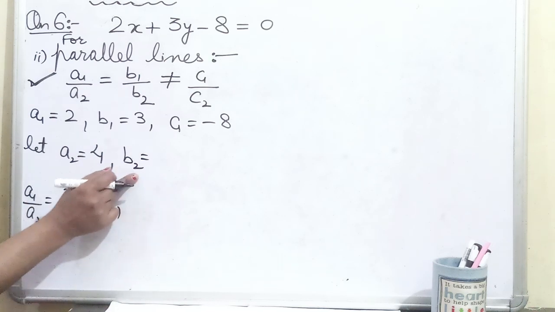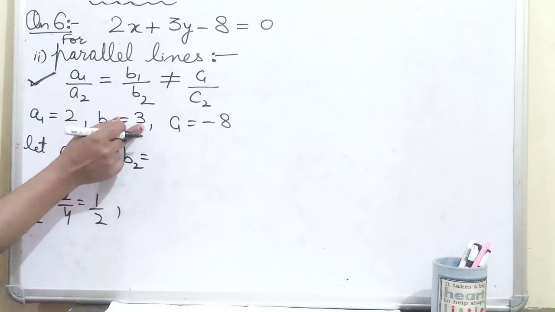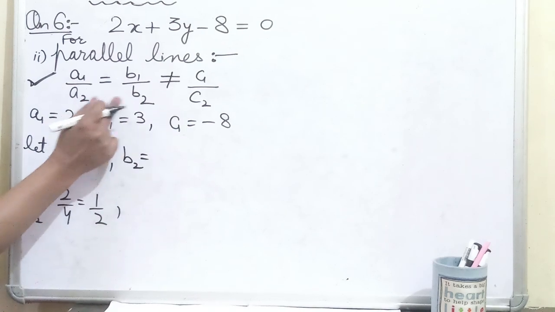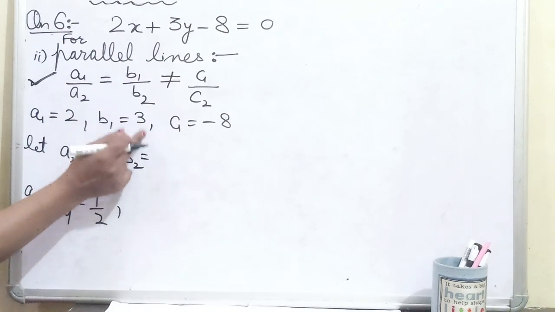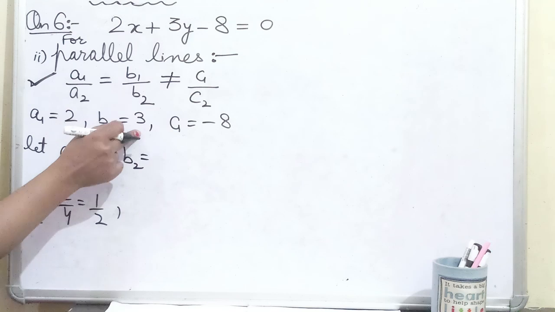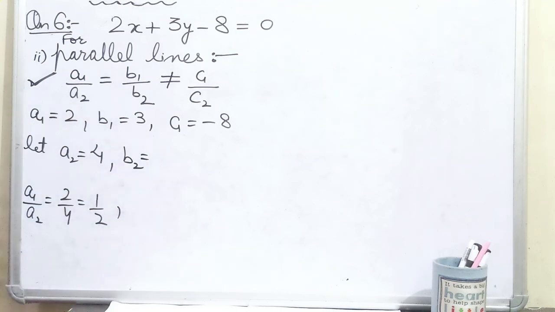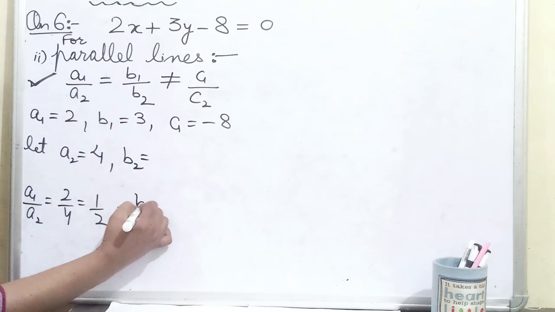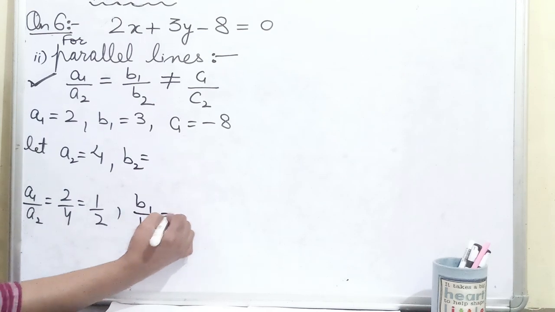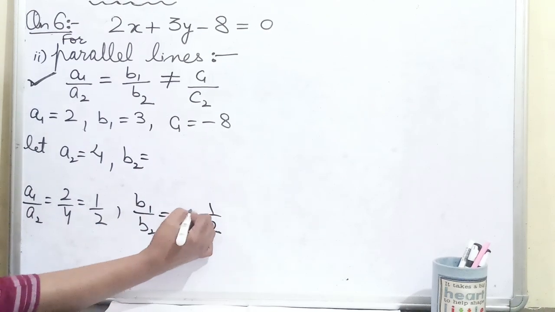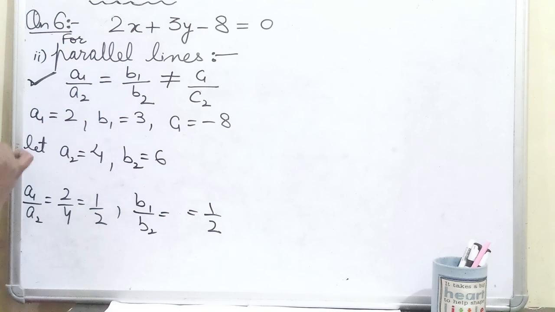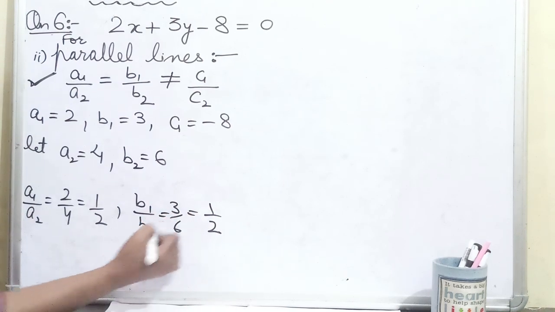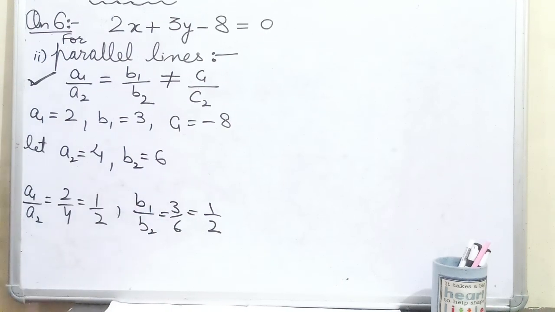Now we have to take B2 in such a way that the ratio B1 by B2 should be equal to A1 by A2. If B1 is 3, what should be B2? 6. Because we want it as 1 by 2, it should be 6, and we can check the ratio. 3 2s are 6, so the ratio will be 1 by 2.